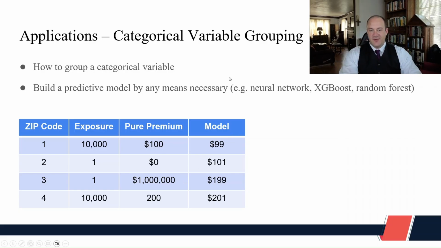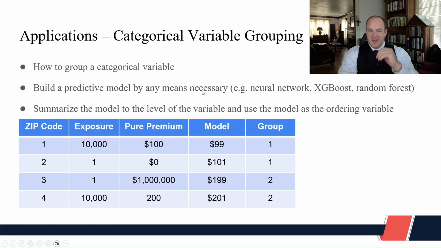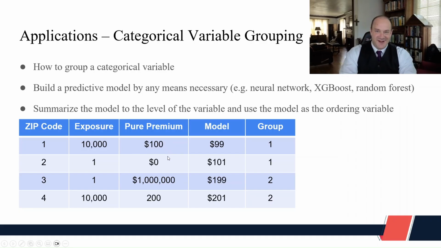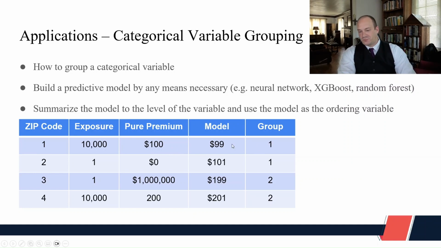Then you can just march down and say, okay, on the basis of that, it looks like $0 and $100. But according to the model, these guys should probably be grouped together. So we're going to group these two together, probably charge them slightly less than $100, maybe $99.90, something like that. And here, we're going to group these guys together as well, because the model says they should probably be really close to one another.